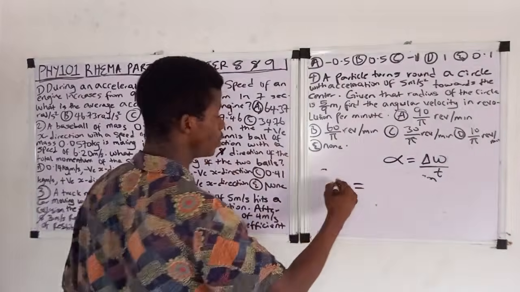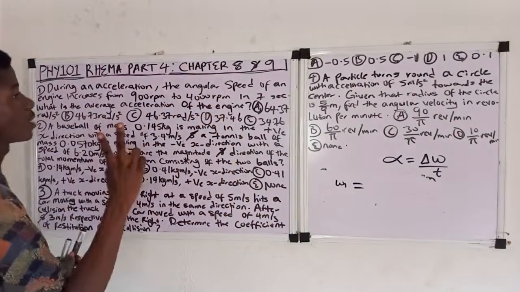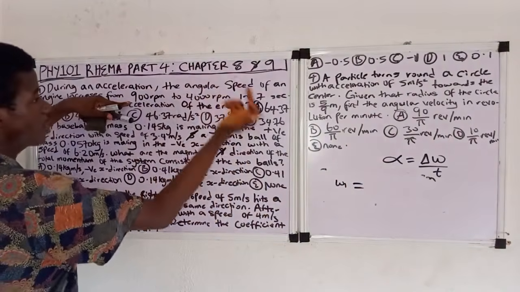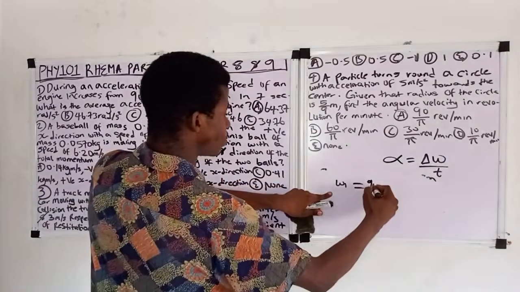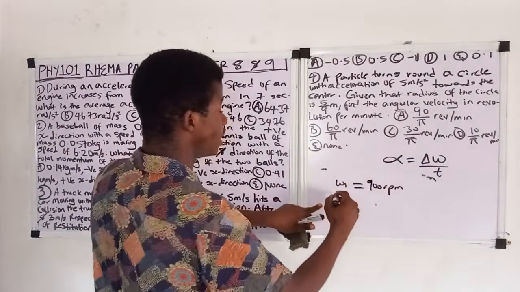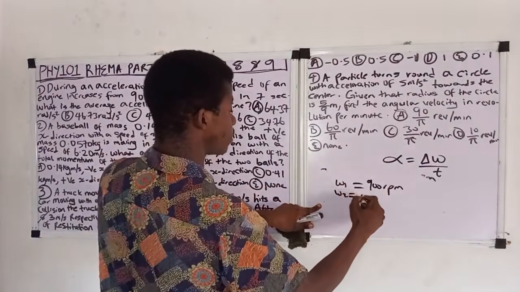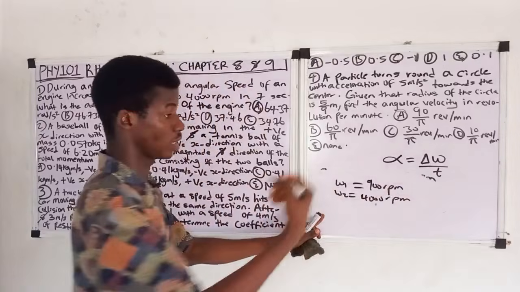If you look at it, we have two angular velocities here. The very first angular velocity W1 is 900 RPM, and the second angular velocity W2 is 4000 RPM.